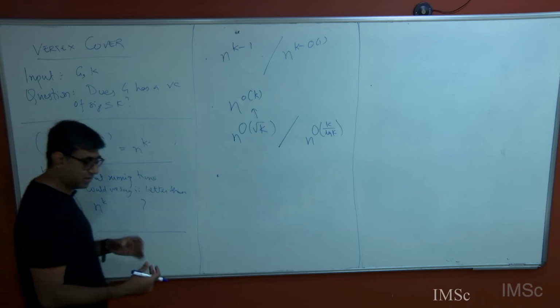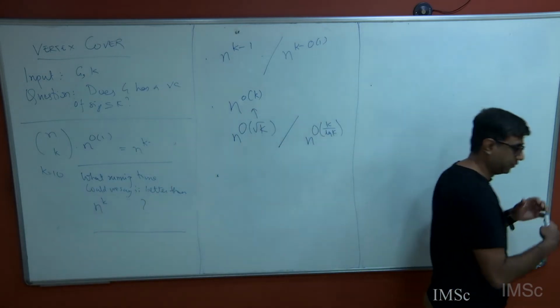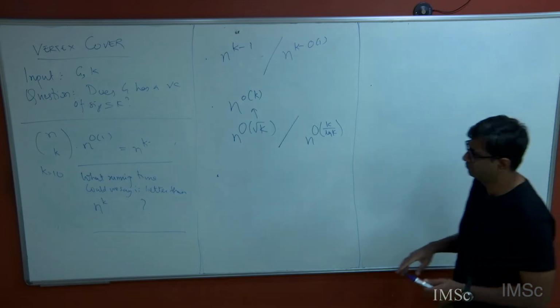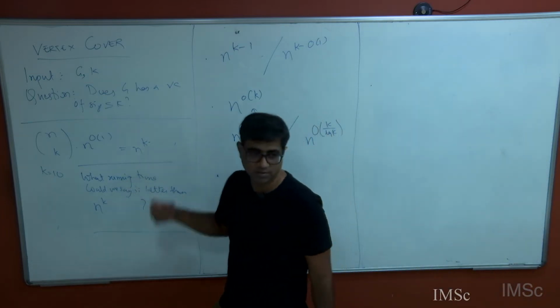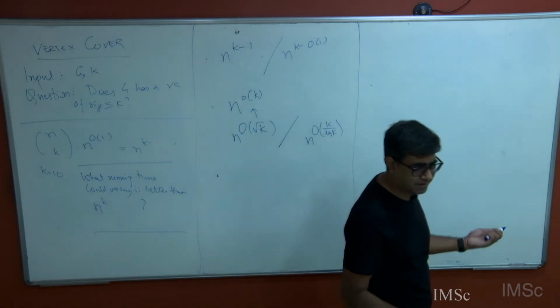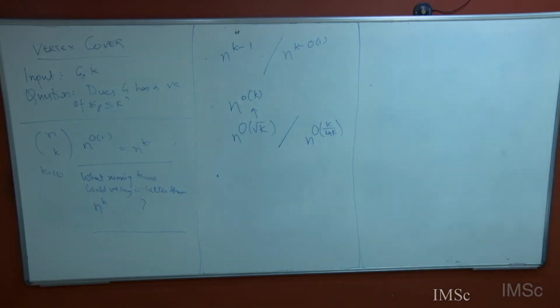And better than does not mean for all values; there is some function of n after that. The way we talk about it in terms of asymptotics, I'm not talking in that sense. What other algorithm can we say, hey, if I can design an algorithm whose running time looks like this, then it could very well be better than this? Why are we designing an algorithm of any kind? Because we want to design an algorithm which is better.